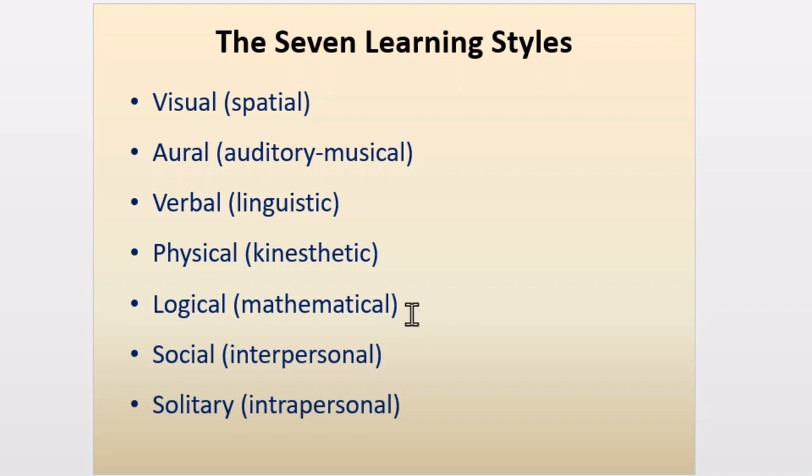They like to have flow charts, balance sheets, tables, information arranged in a very logical manner, and they are excellent at picking up information that way. And we have social learners who learn working with others, and we have the solitary learning style in which people sit and learn on their own.